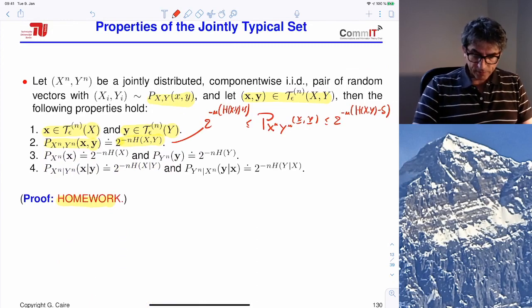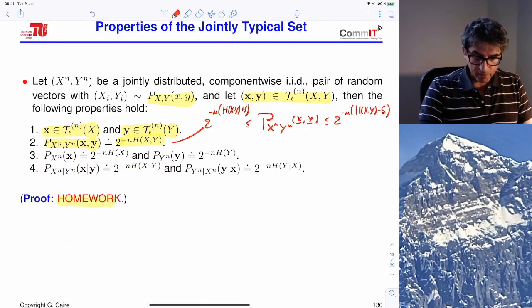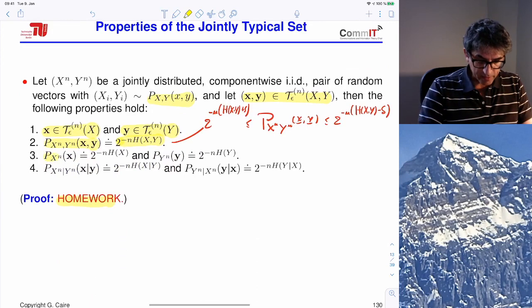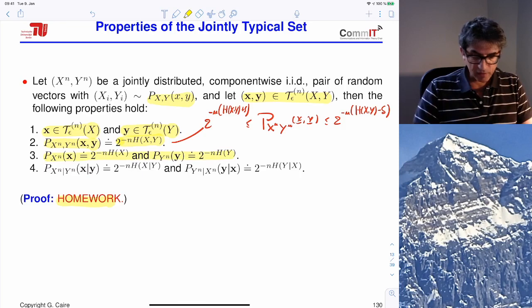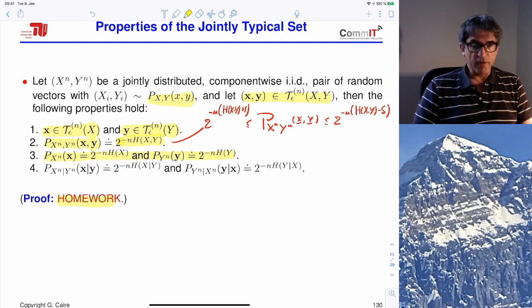Then, of course, property number 3 is a direct consequence of property number 1, because if x and y are individually typical, then their individual probabilities also satisfy their own equipartition property.